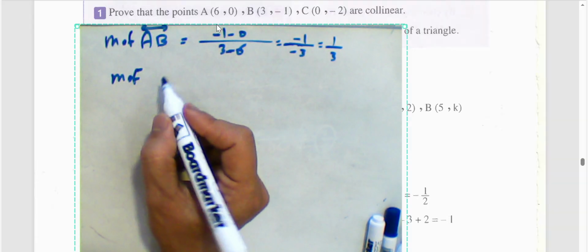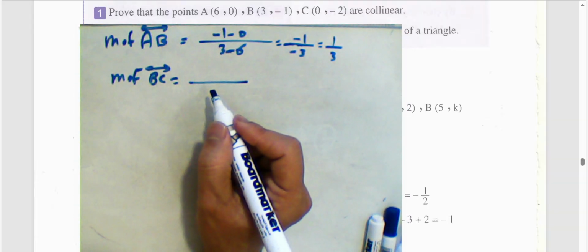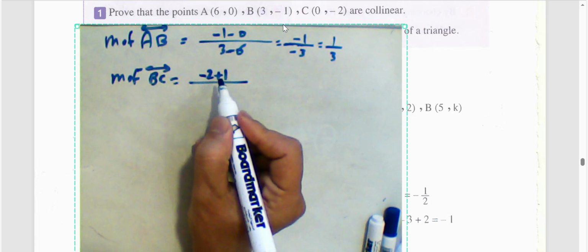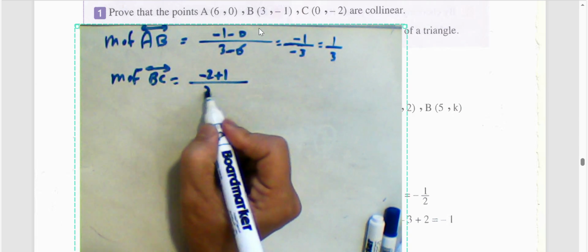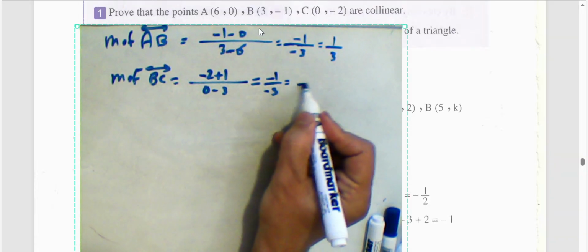And the slope of BC. B and C, we can write -2 minus -1, it will be -2 plus 1, over 0 minus 3. -2 plus 1 will be -1 over -3, the result will be 1 over 3.